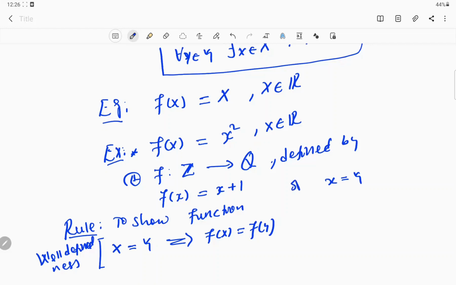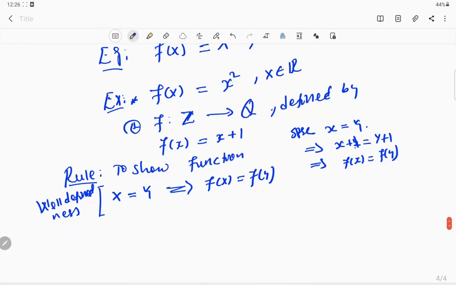So let's suppose that x equals y. Then if you add 1 to both sides, you get x plus 1 equals y plus 1. They're the same because they are integers. Which implies that f(x) equals f(y). So that means it's well defined. That means it's a function. Therefore, f is a function.